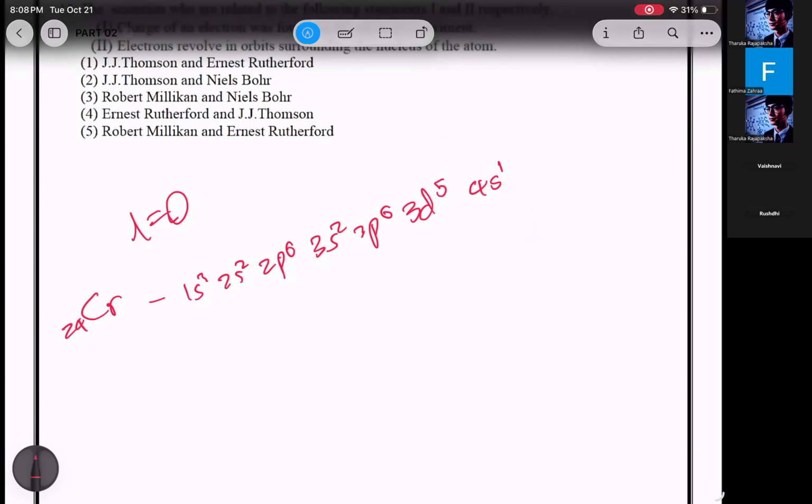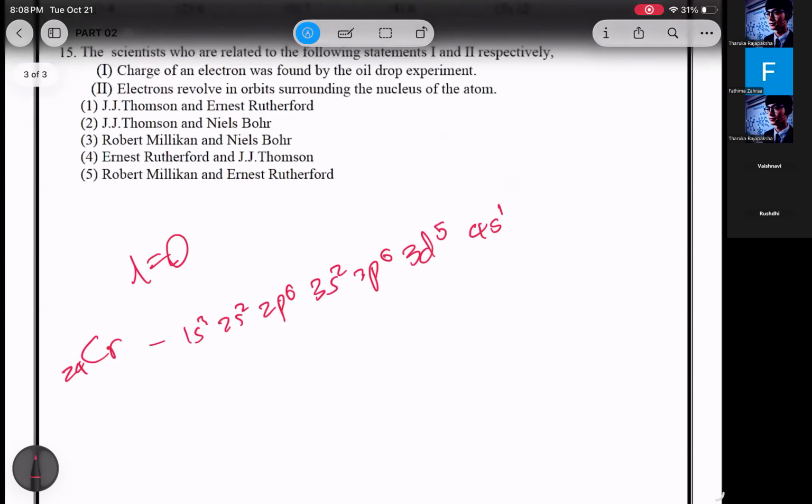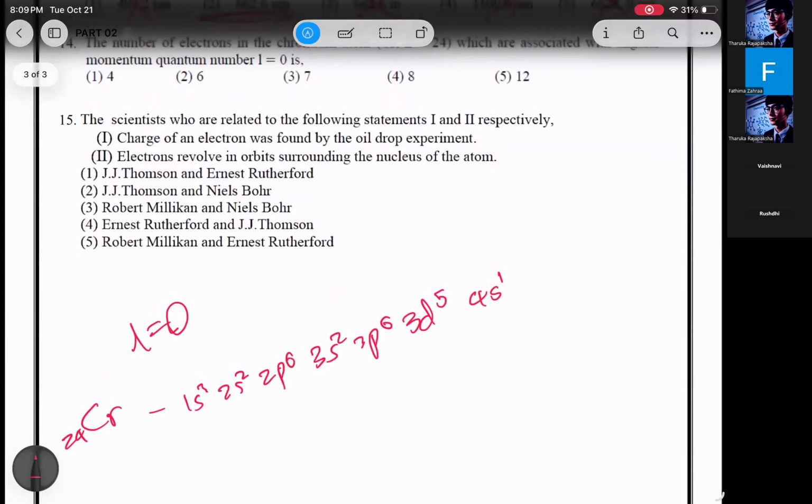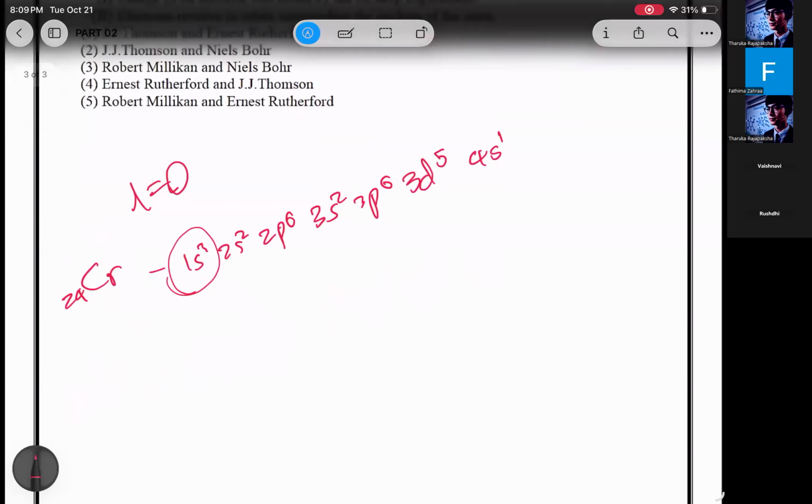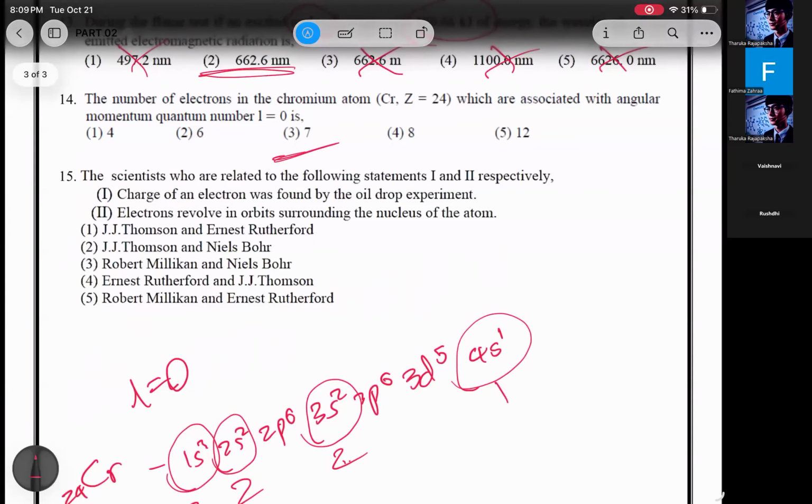And let's now see when L equals 0, how many electrons can be fulfilled. So this is L equals 0, this is L equals 0, this is L equals 0, and this is L equals 0. So here 2 electrons, 2 electrons, 2 electrons, and 1 electron. So 2 and 2, 4, 4 and 2, 6, 6 and 1, 7. Answer number 3.